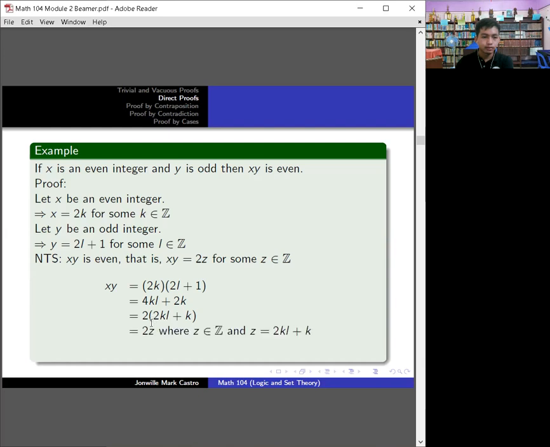So we can write it as 2z again, where z is in Z and z equals 2kl plus k. So check natin kung integer si z. So 2 is integer, si k ay integer, si l ay integer, therefore itong buong to ay integer. Okay. Therefore, xy is even.